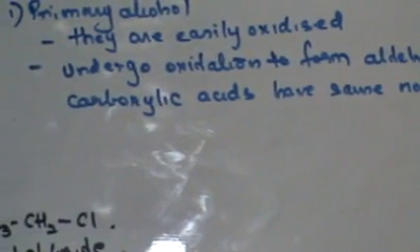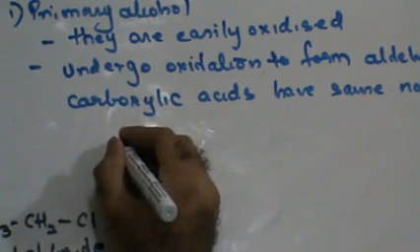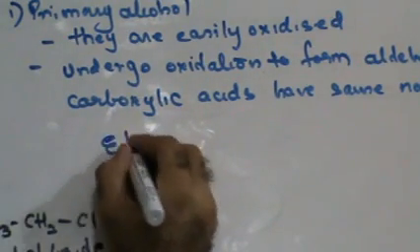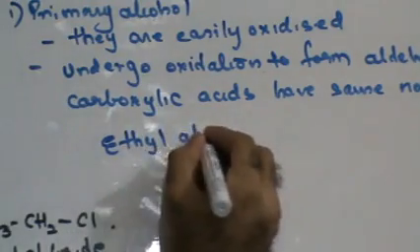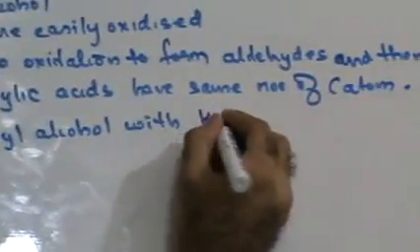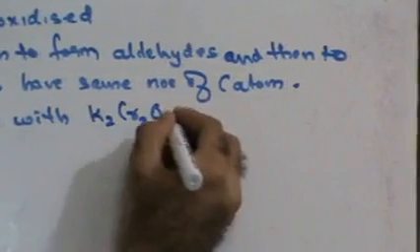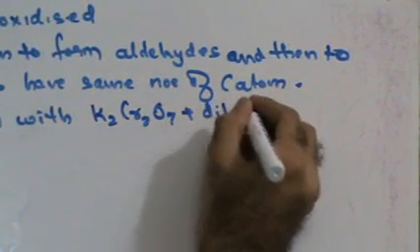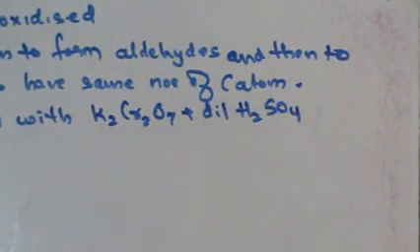Right? Now, primary alcohols are oxidized by using potassium dichromate in dilute sulfuric acid. What happens when, say, ethyl alcohol reacts with potassium dichromate, K2Cr2O7, and dilute sulfuric acid?